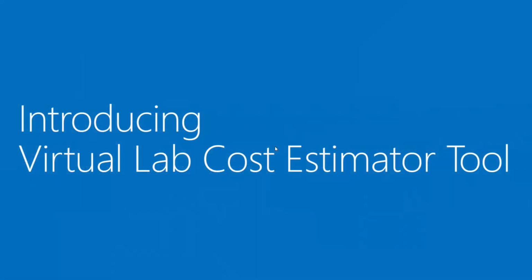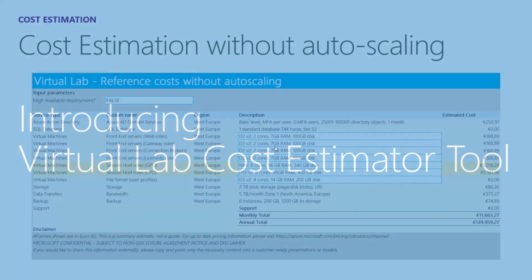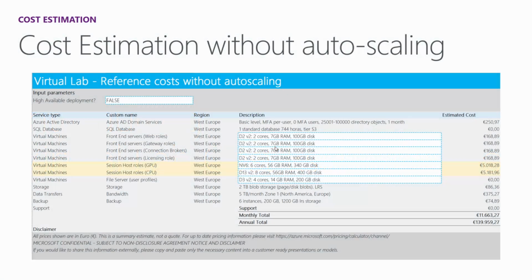Now, let's have a look at the Virtual Lab Cost Estimator tool. It is an Excel sheet that will ask for your input, and you have to specify what exactly you want to use in your own environment. We are going to ask you about the kind of machines you want to use, and then about the number of users and so on.